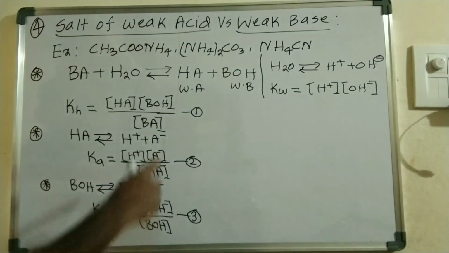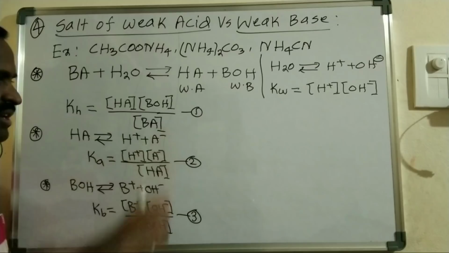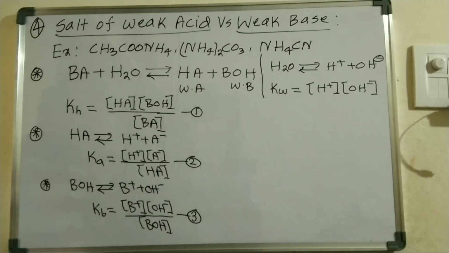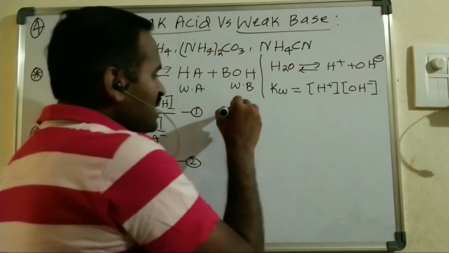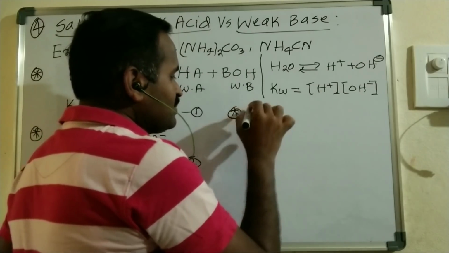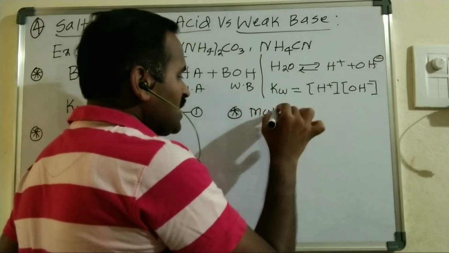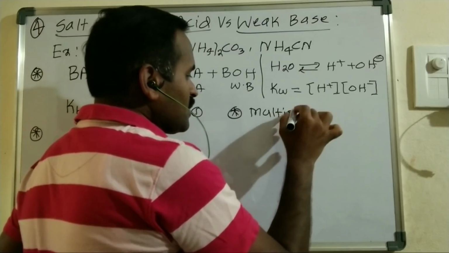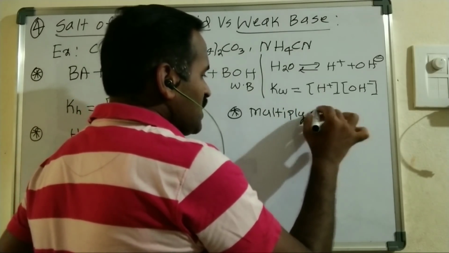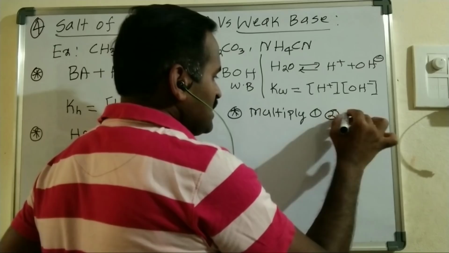So equations 1, 2 and 3, you can multiply. I am writing here: multiply equations 1, 2 and then 3.